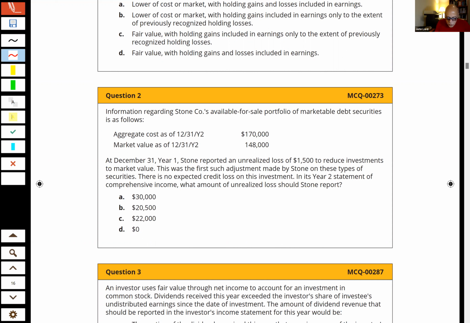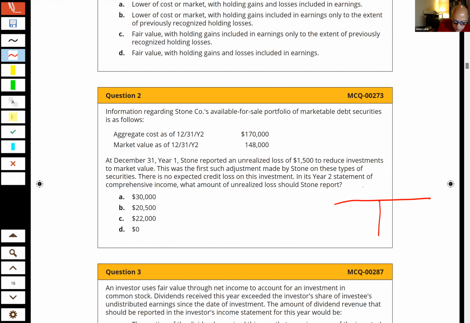So you look at this and they tell us that they had their available for sale securities at a cost of 170,000. Now, I'm not always a fan of T accounts, but since they're asking me the ending balance, I could do that.